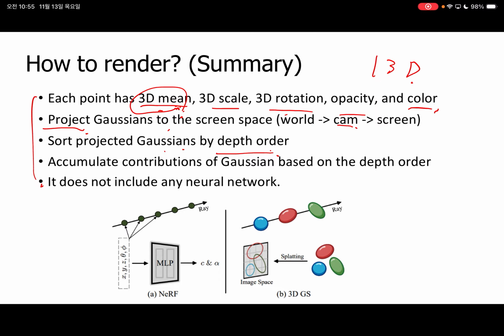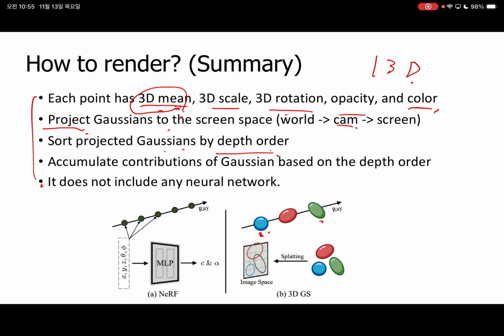This is to consider depth-aware visibility of the Gaussians, and then accumulate the contribution of the Gaussians based on depth order. So we sort the projected Gaussians by depth order, and then we accumulate their contributions based on depth order. As you can see from this figure, this is the depth order. This one has lower depth, this one higher depth.